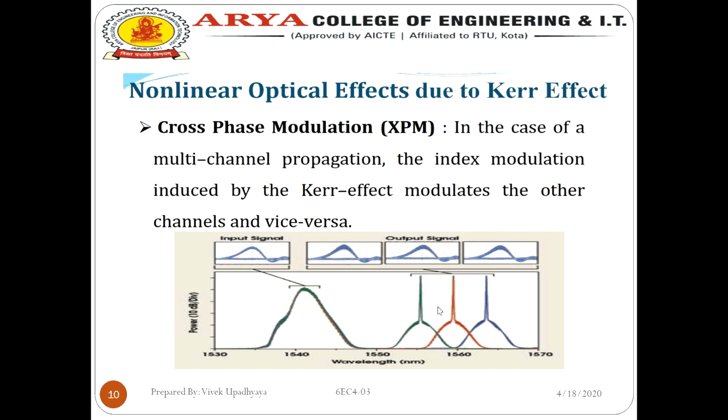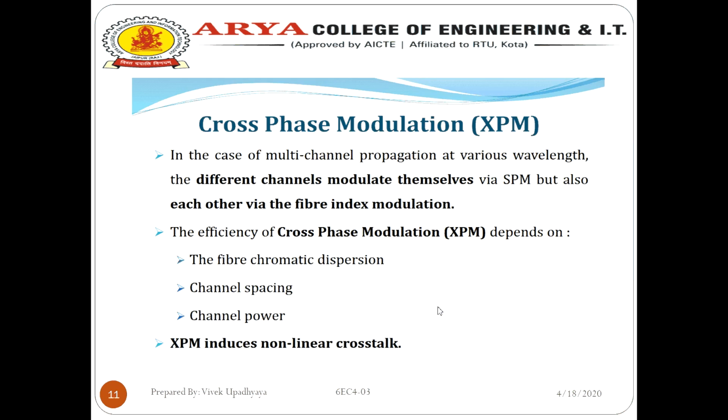In this case, variations in intensity of one pulse will modulate the refractive index of another pulse. So we can see the cross phase modulation, that is XPM, in the case of multi-channel propagation at various wavelengths.